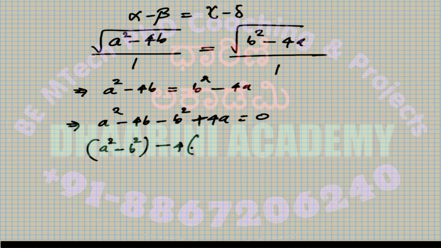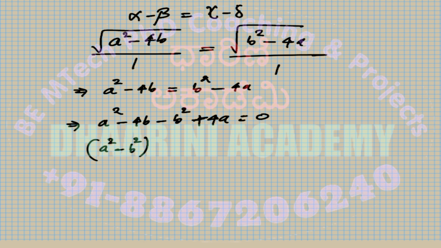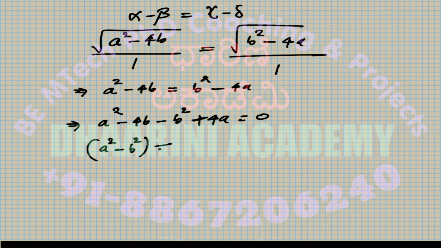So the change is minus 4 if I take out b minus a, or I'll write it as plus. This is plus. I'll take 4 outside, a minus b equals to 0.